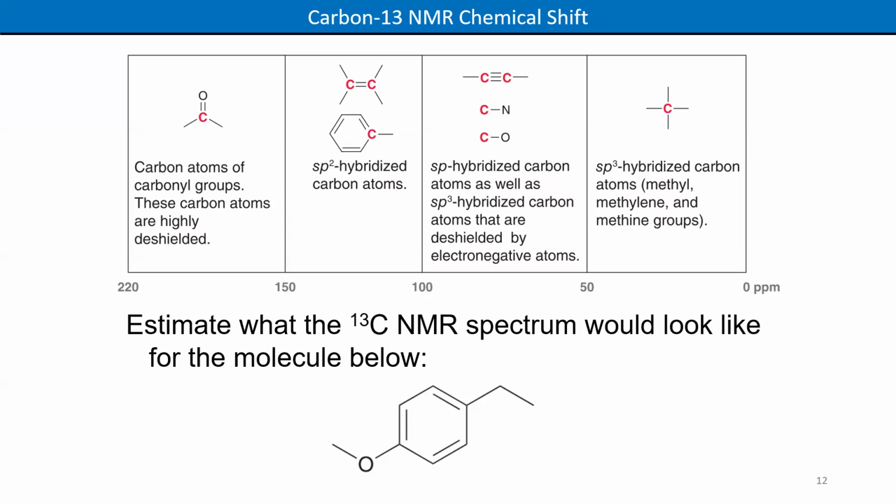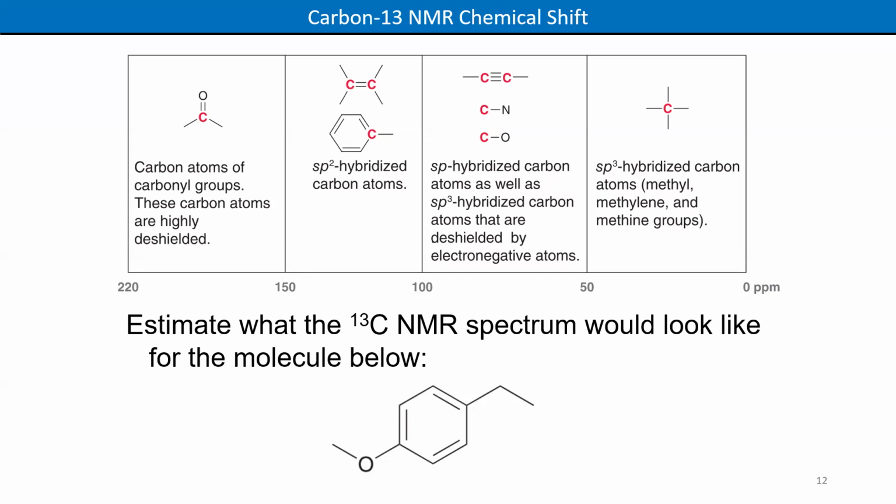These ones are going to be in that 0 to 50 range. This one will be in that 50 to 100 range because it's an sp3 carbon, but it's de-shielded by the oxygen. And then all of our aromatic carbons, we should have 4 signals in that 100 to 150 range, and that one should be the most de-shielded of those.